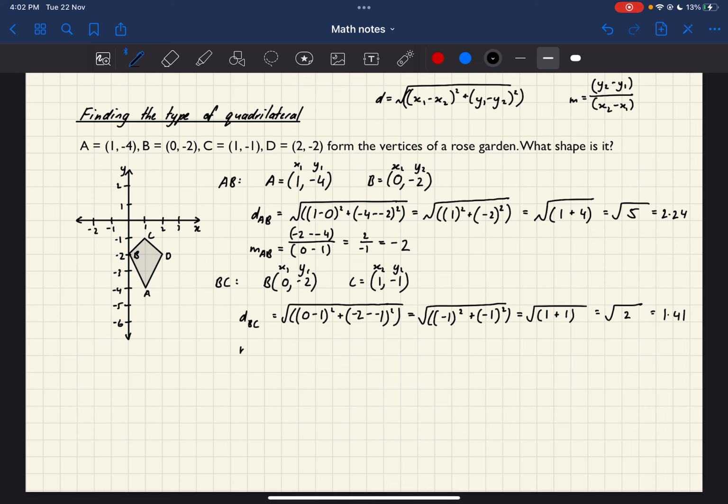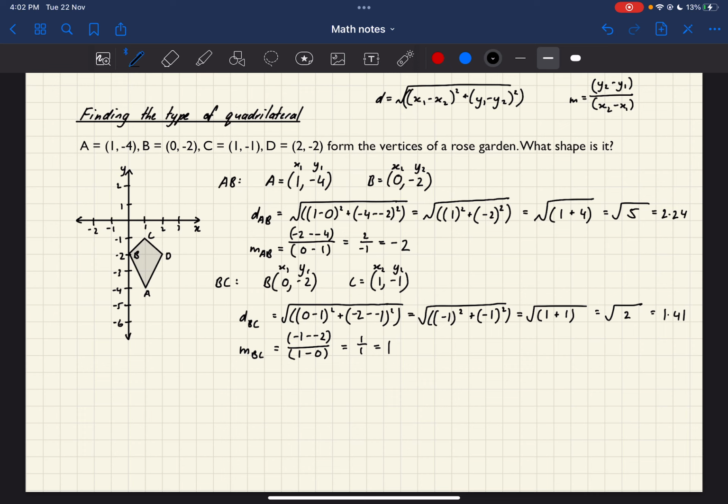Then we've got to find the gradient of BC, which is y2 minus y1 divided by x2 minus x1, which gives us 1 over 1, which equals 1.